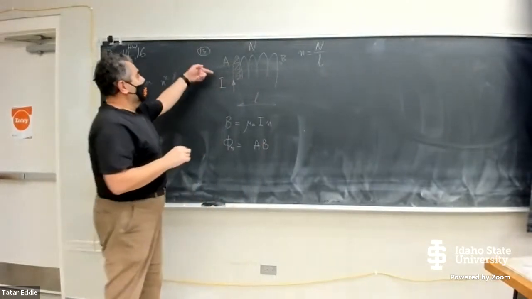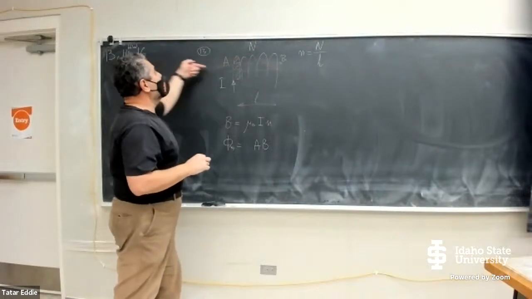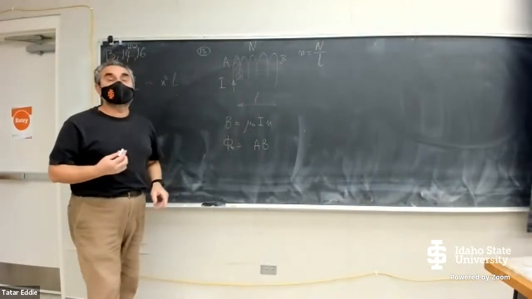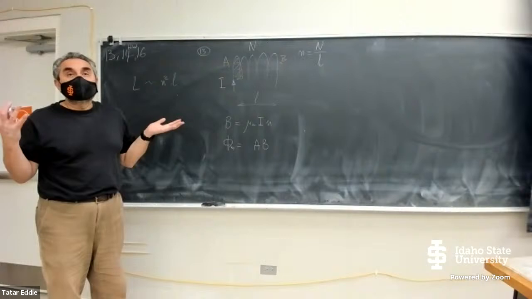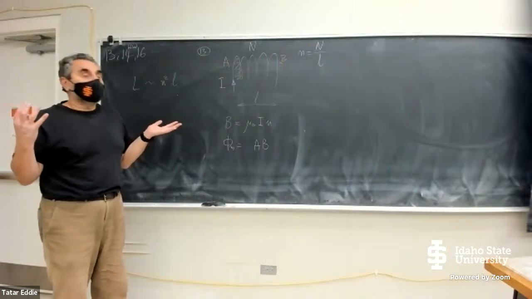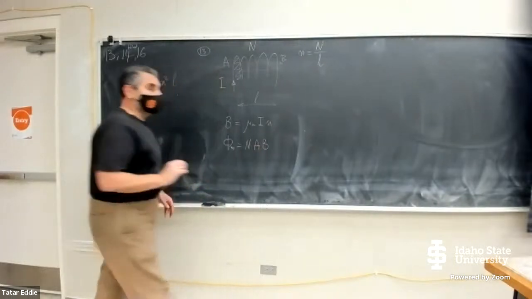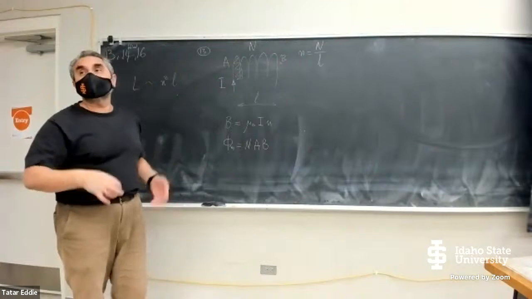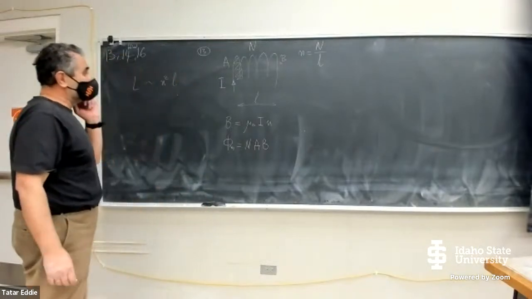The angle between the magnetic field and the normal to the area is 0. Cosine of 0 is 1, so I'm not writing it. The total magnetic flux in this solenoid is going to be proportional to the number of turns in the solenoid, right? Each turn has A times B, and N turns give you a total magnetic flux of this expression.